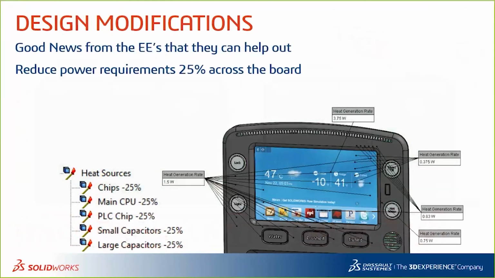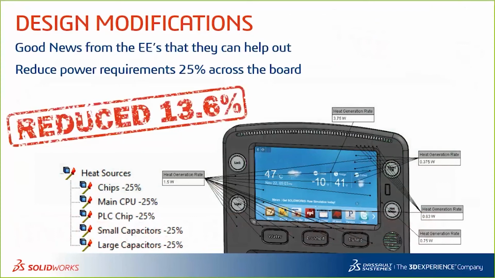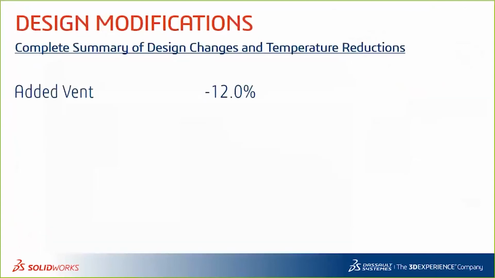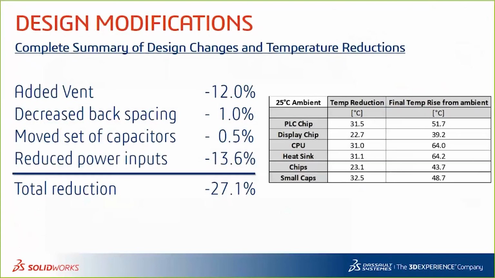So because of the reduction of the heat that's being generated, we're able to reduce the power requirements 25% across the board by just making some simple changes. So just to summarize the results: added ventilation minus 12%, minus 1% for the back spacing, and so on.